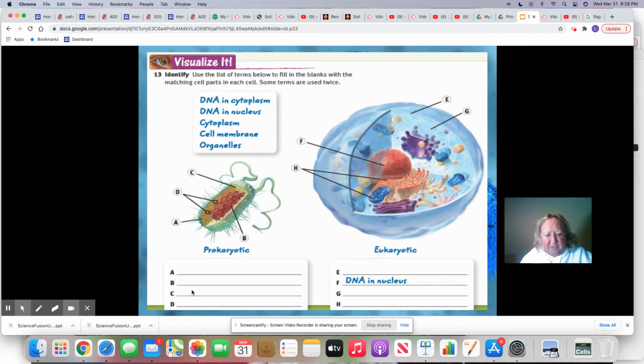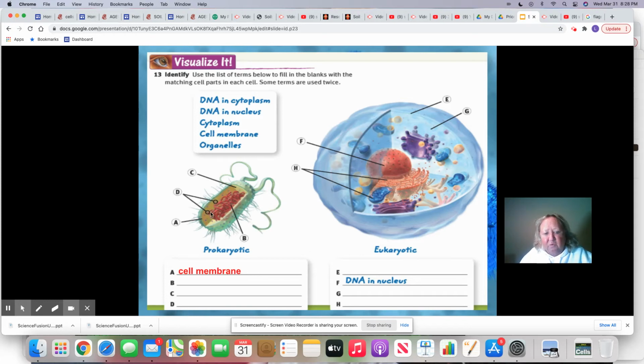What we need to do is identify these parts. Letter A, and I know it's a little hard to tell, points to this outside greenish portion. That would be the cell membrane. Section B looks like rubber bands or spaghetti.